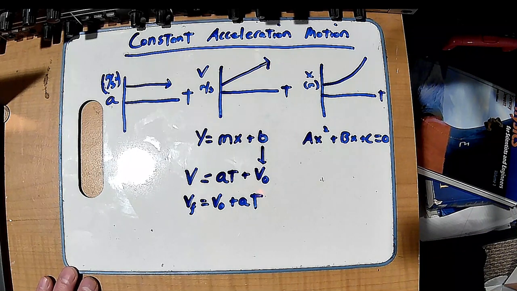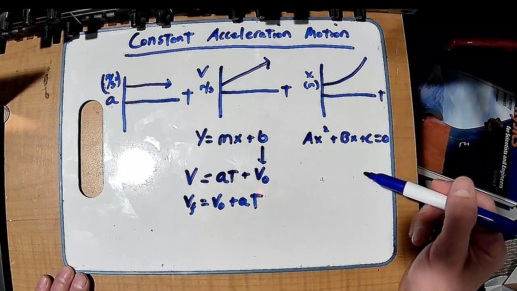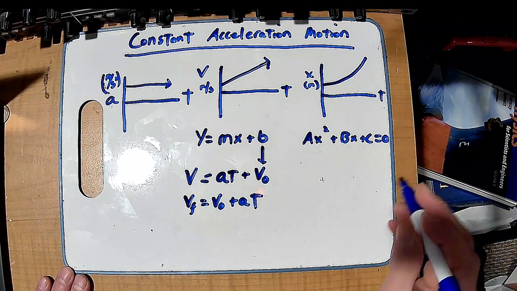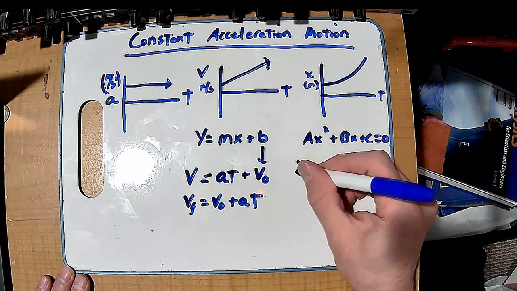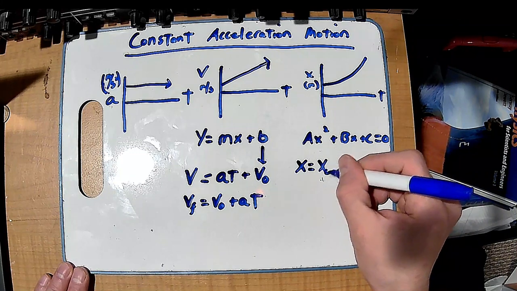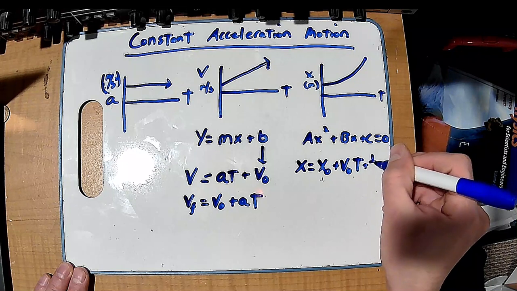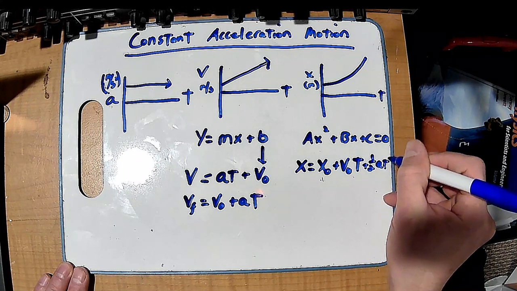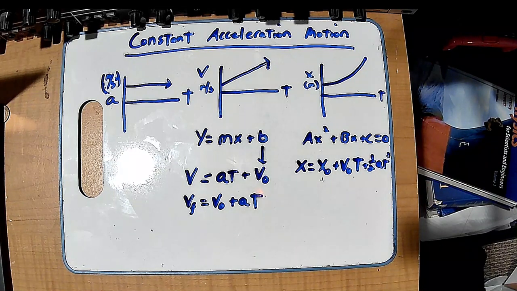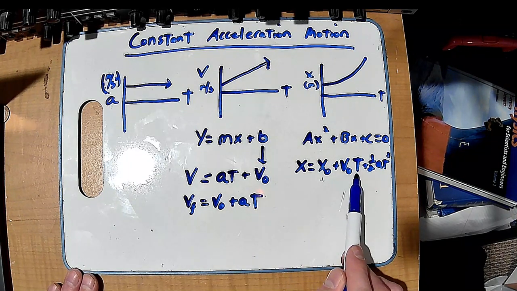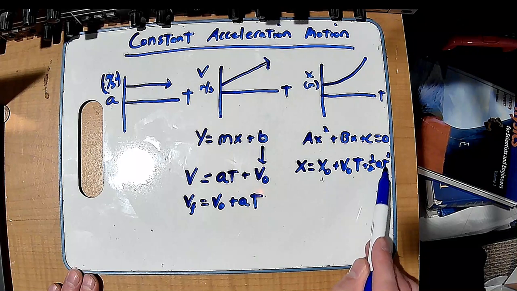It turns out the specific equation that fits this scenario says x equals x naught plus v naught t plus 1/2 at squared.